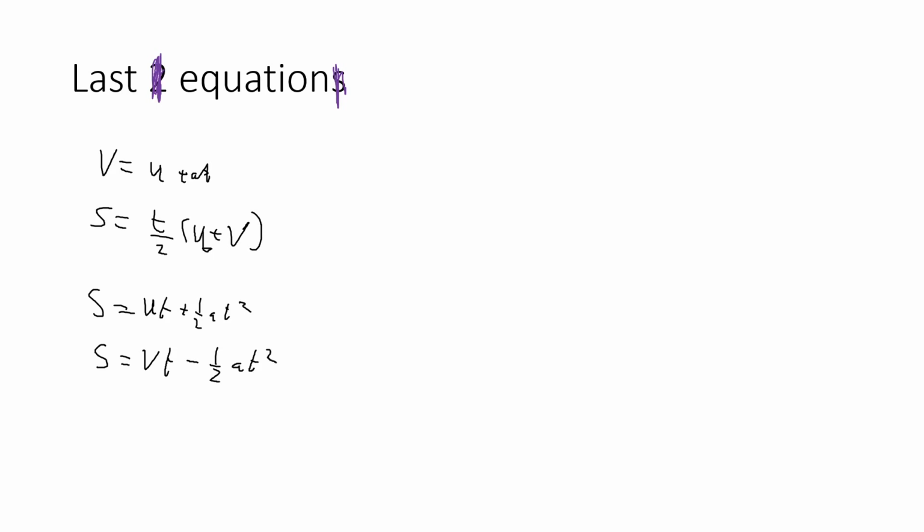Now, what do you notice about each of these equations? There are 5 variables, SUVAT. For each of these, you're eliminating one of these variables. So this one has no s.